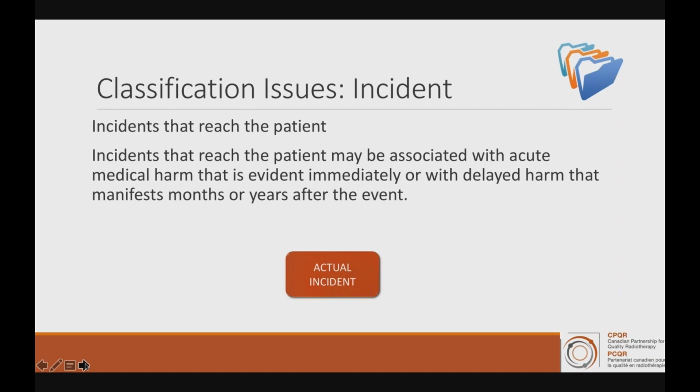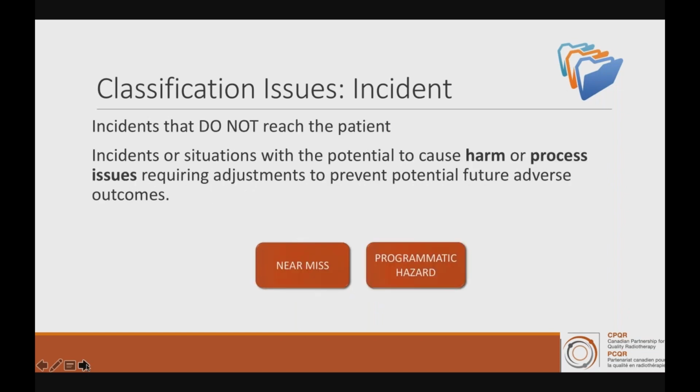And that is coupled with the dosimetric metric that we use to inform us of the possibility of something happening down the road, decreased tumor control, or possibility of a secondary malignancy, things like that. With respect to incidents that do not reach a patient, our near misses and our programmatic hazards, they have the potential to cause harm or are process issues requiring adjustments to prevent potential future adverse outcomes.